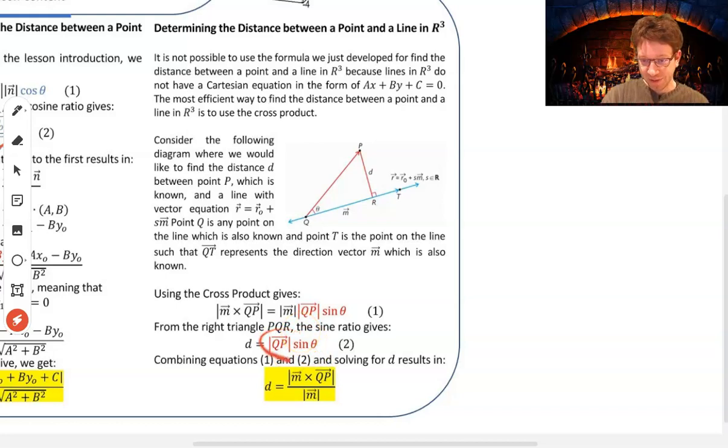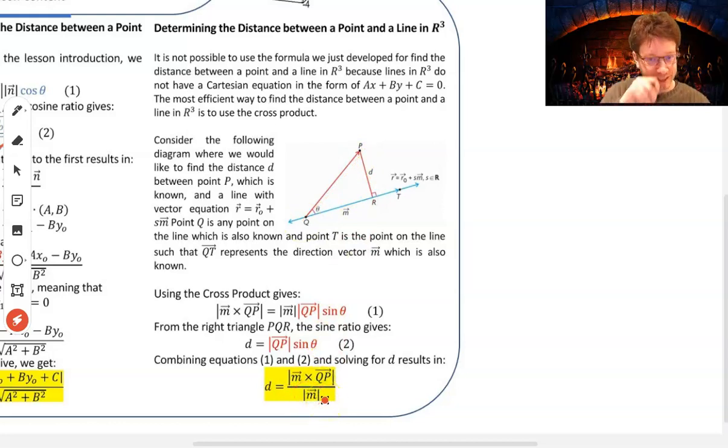And so I can replace this here, which is equal to d, right up here. Divide by the magnitude of m, and we get that distance d equals the magnitude of the cross product between m and qp divided by the magnitude of that direction vector.